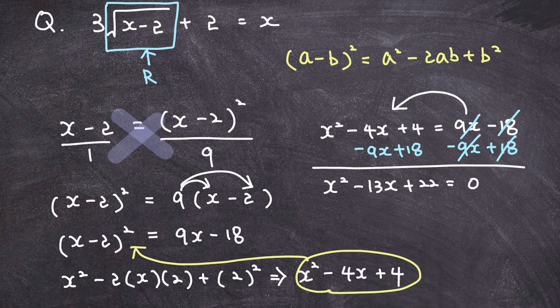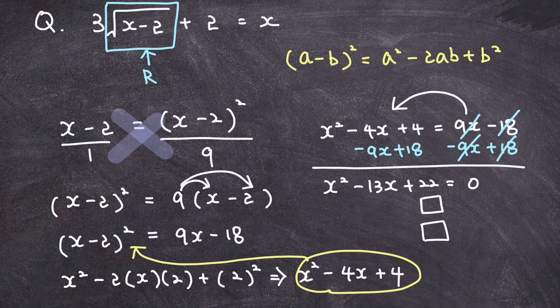Now that we have a nice little quadratic equation, we need to come up with two numbers that when multiplied together give me positive 22, but when added together give me negative 13.